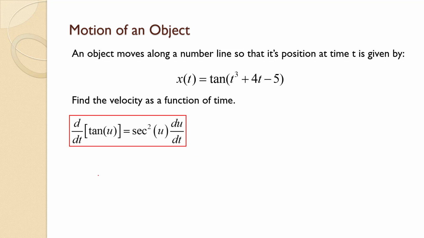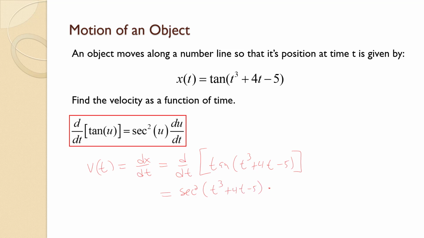So our velocity function will be the rate of change of that position. I can find that by applying the derivative operator to the tangent of t cubed plus 4t minus 5. The outside is tangent, so this derivative is secant squared, but don't change the inside. Leave it alone.